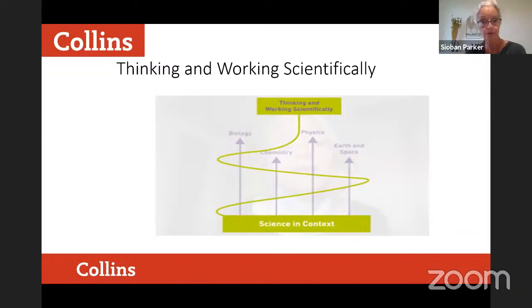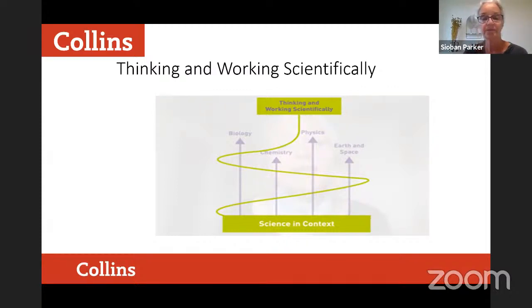Here, I'm giving you on this screen an overview of the science curriculum. And this is really useful for you to illustrate the approach that Cambridge International has taken in terms of teaching and learning science.